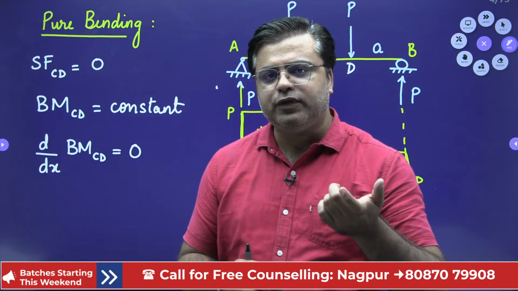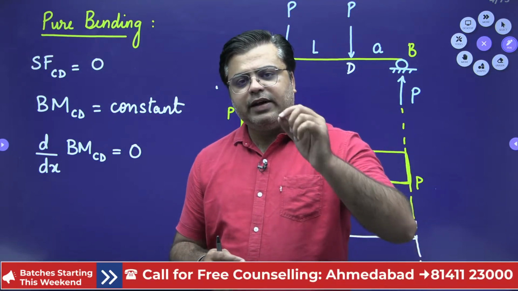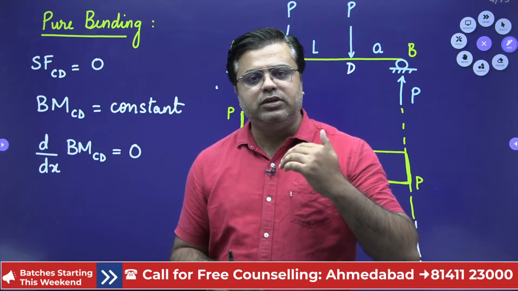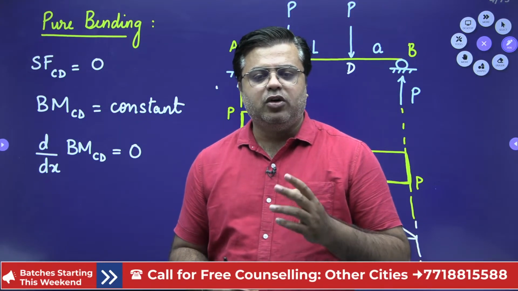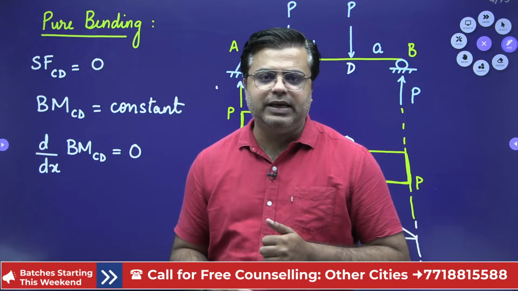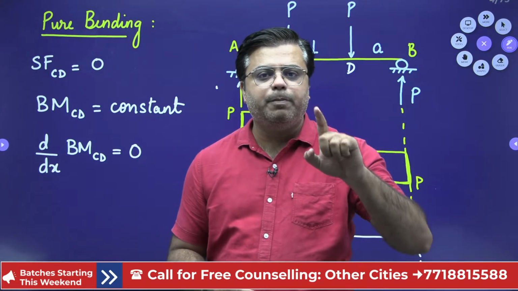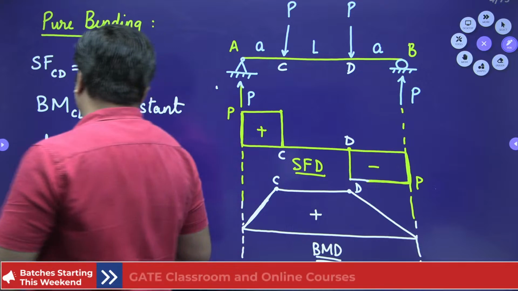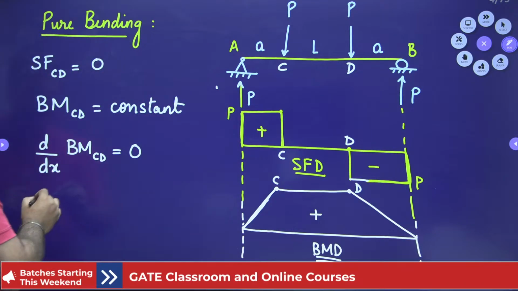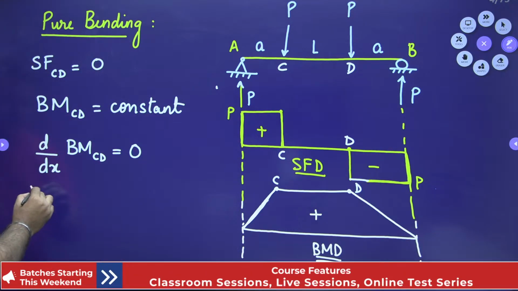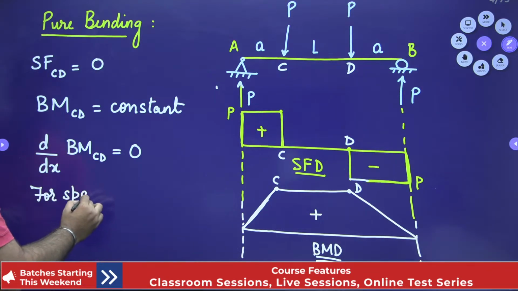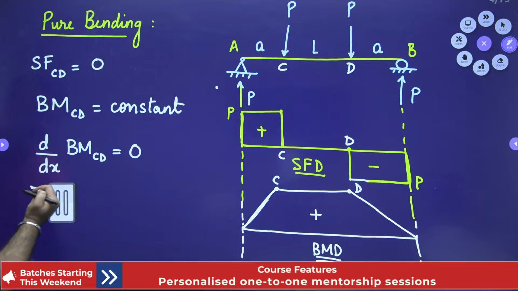Wherever the value of shear force is 0 and some constant non-zero value of bending moment is there, then that beam will undergo pure bending. So I will write: span CD is under pure bending.